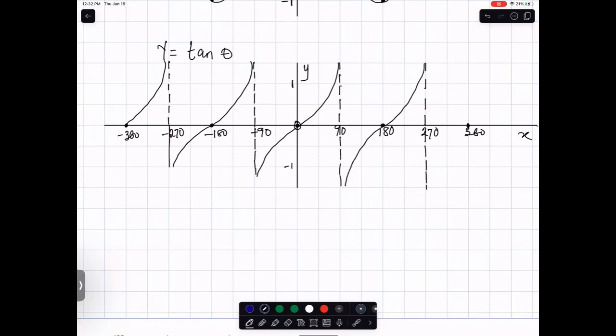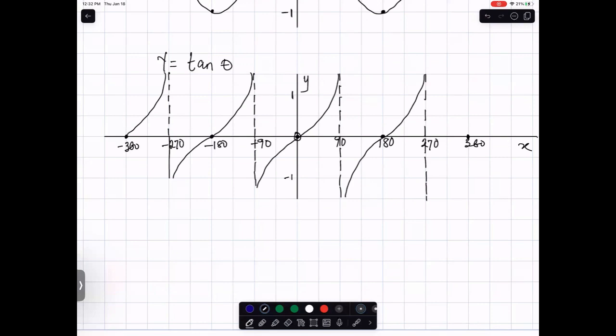Okay, and when tan is 360, so we have tan as 360 and this. So take a look at this beautiful graph of our tan theta. So this is our tan graph. So we have this graph as y equals tan theta.